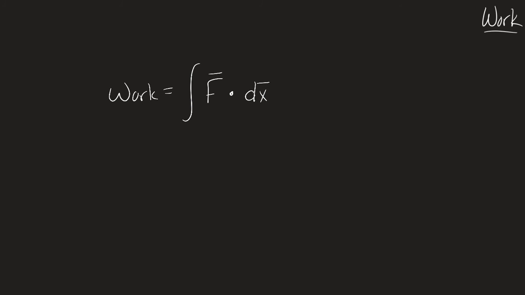Now, there's verbal definitions and there's this definition. So I'm going to give you 2 verbal definitions and explain how this fits it. Are you ready? The definition I want you to know that's verbal is that work is the method by which you change an object's energy through the use of a force.